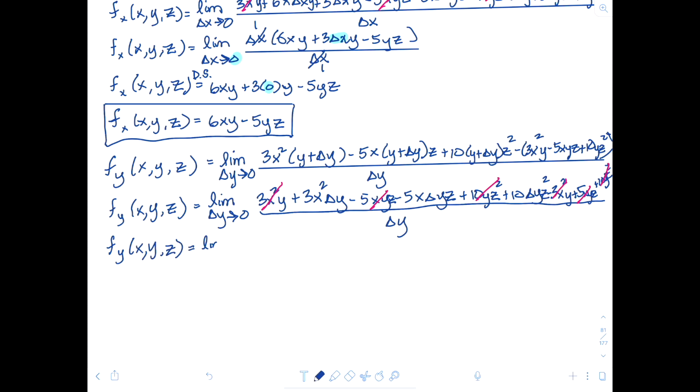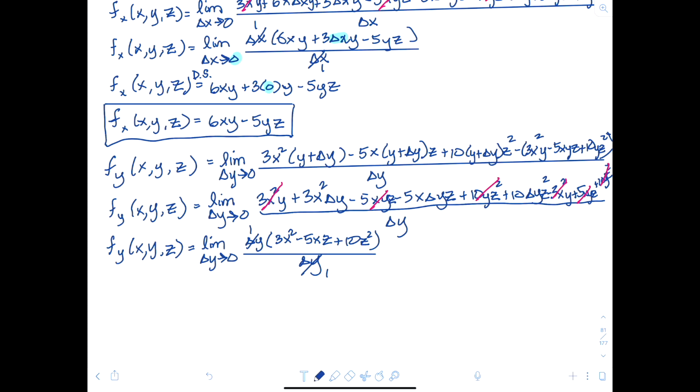the limit as delta y approaches 0 of, I'll factor out a delta y, we'll be left with 3x squared minus 5xz plus 10z squared over delta y. The delta y's divide out to be 1.